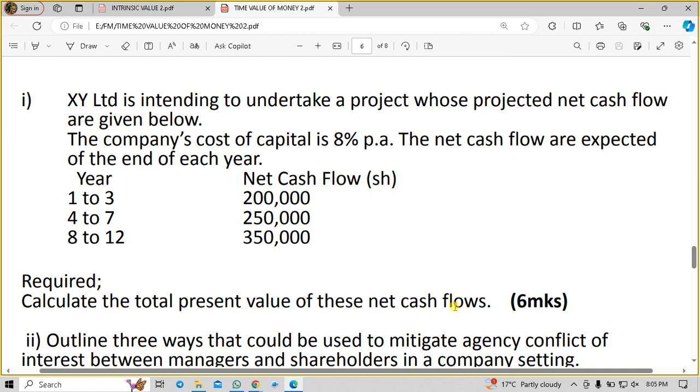What if we use 9%? Kindly let us use the rate of 9% per annum. Let us use 9% per annum. So I want us to start with step 1. Then you go to step 2.